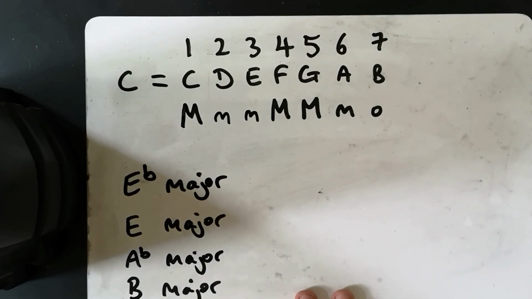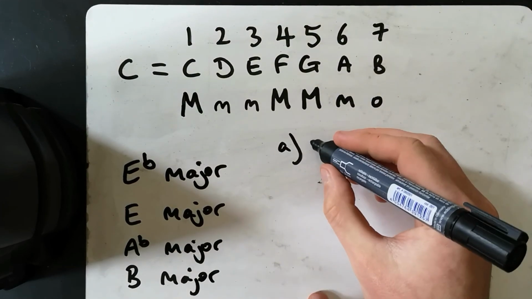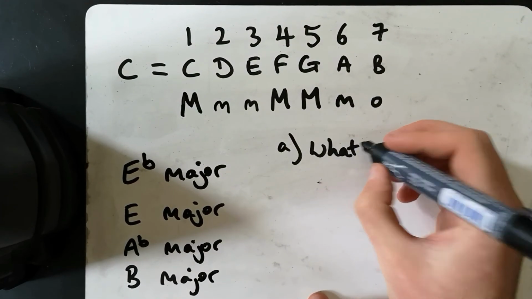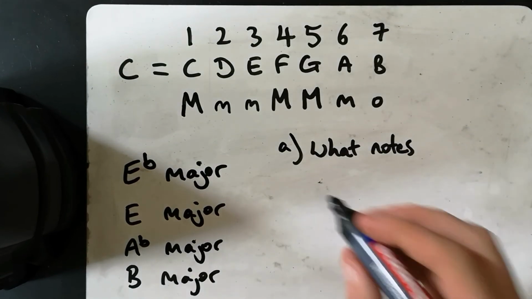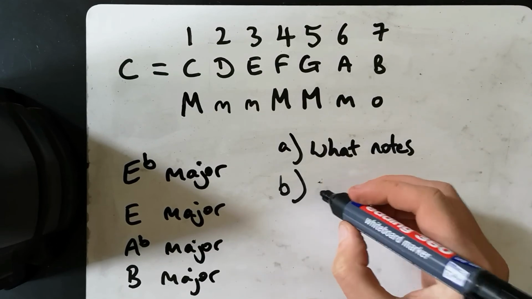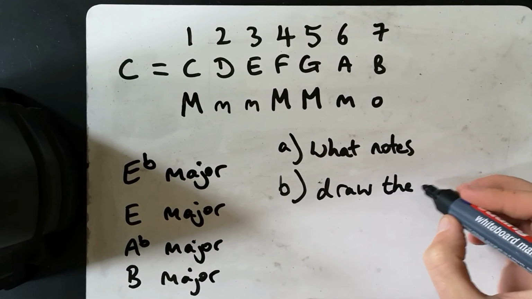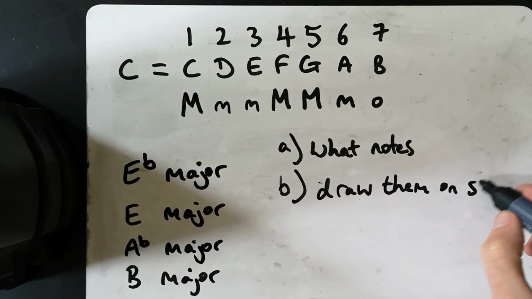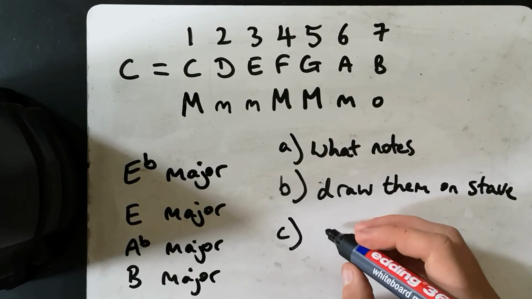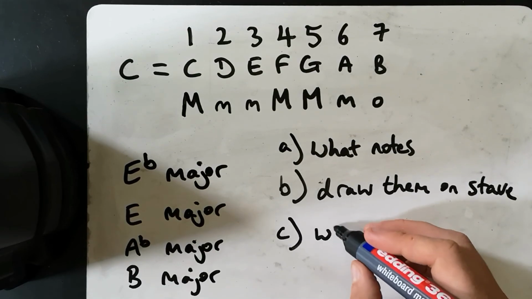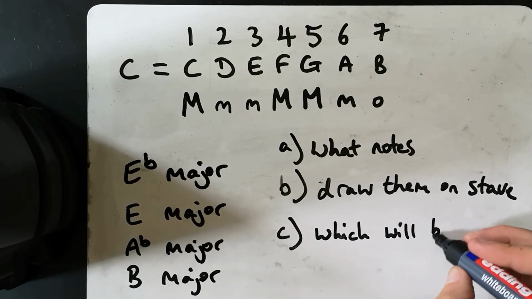I want you to tell me A, what notes, and make sure you get the correct sharp or flat if it needs it. B, draw them on a stave. And C, which will be major chords.